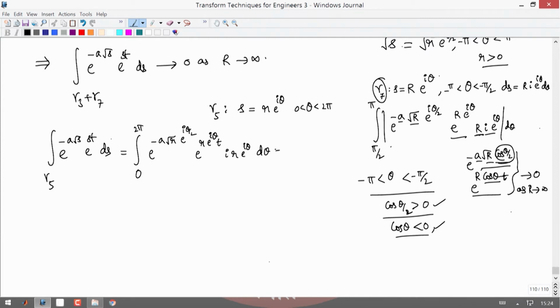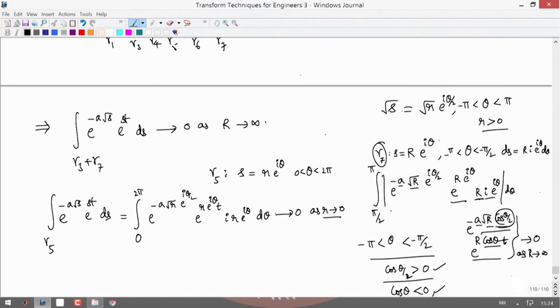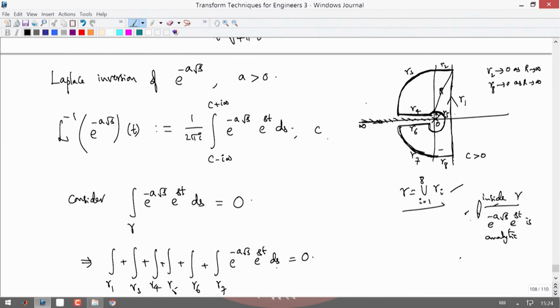So, as the small r goes to 0, this quantity goes to 0. Meanwhile, as big r goes to infinity, gamma 4 lies on the negative x axis, coming from the top, and gamma 6 is also on the negative x axis, coming from the bottom.